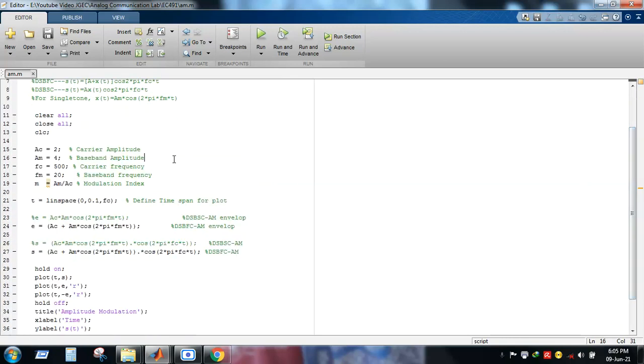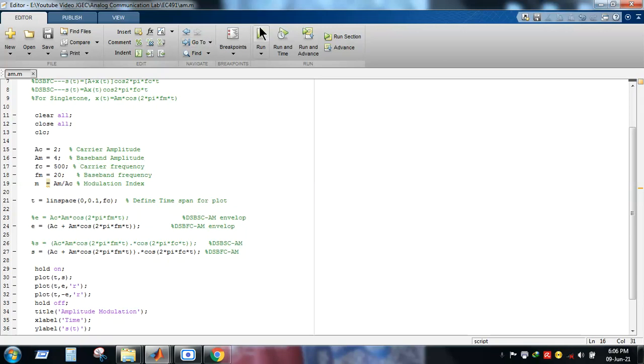And you need to draw the respective output. First of all, draw the waveform for the DSBFC signal. Next, for over modulation, under modulation, and critical modulation, draw the respective DSBSC waveform and the values of AC, AM, and modulation index for the particular case.